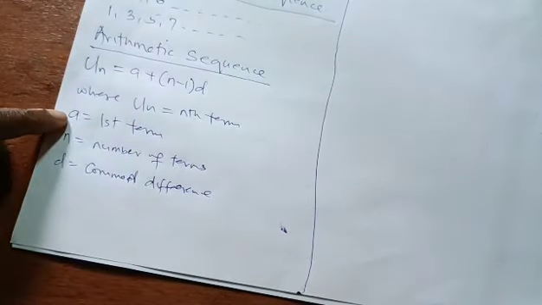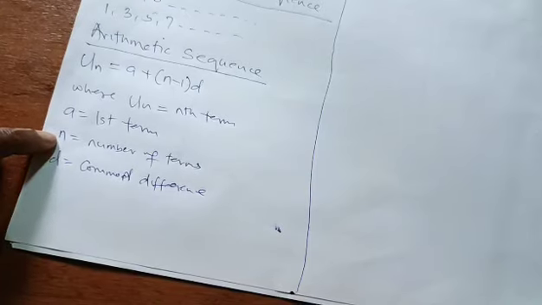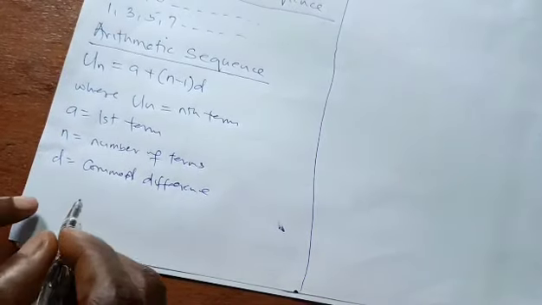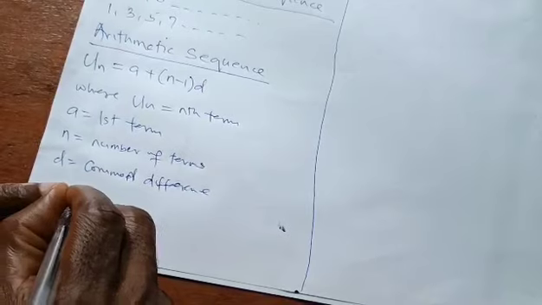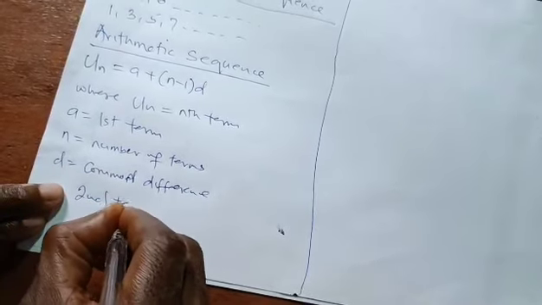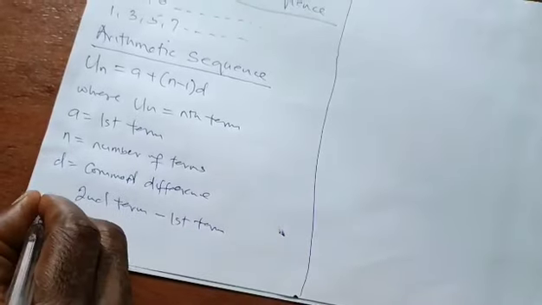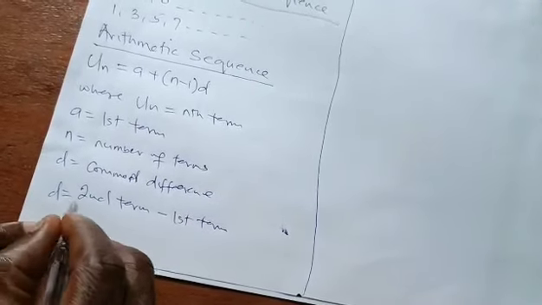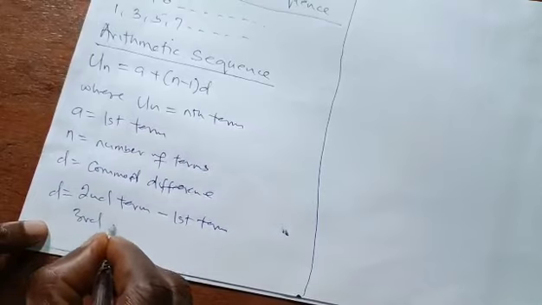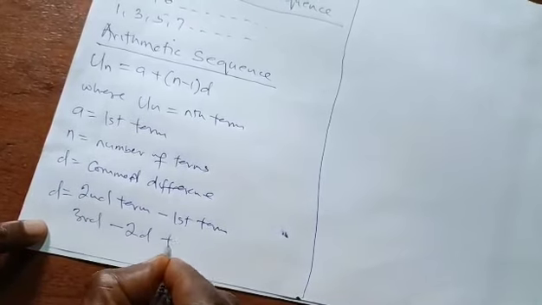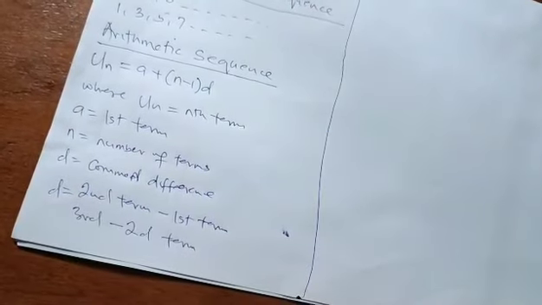As I said earlier, A is your first term, N is your number of terms, D is your common difference. Common difference has its own formula. It is simply the second term minus the first term, and also the third term minus the second term, etc.